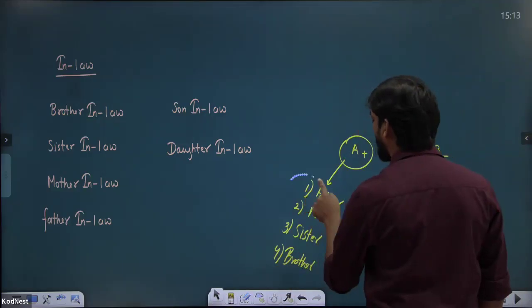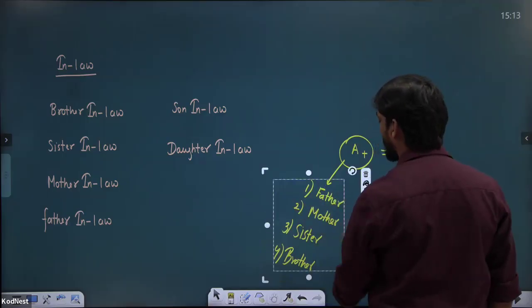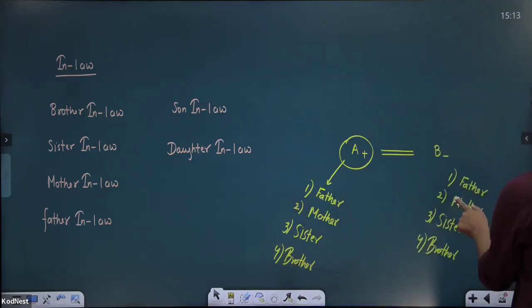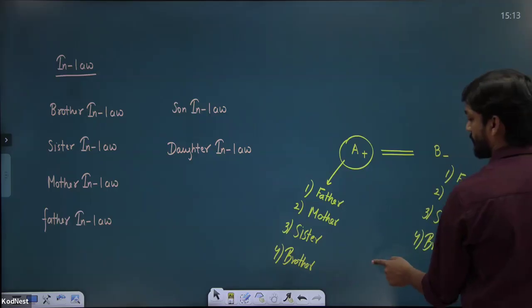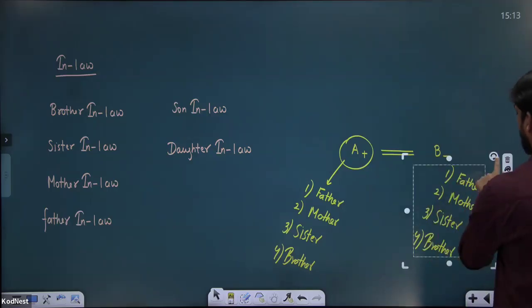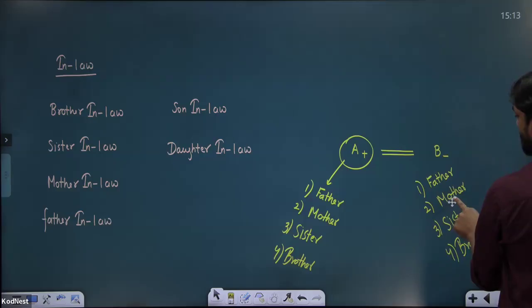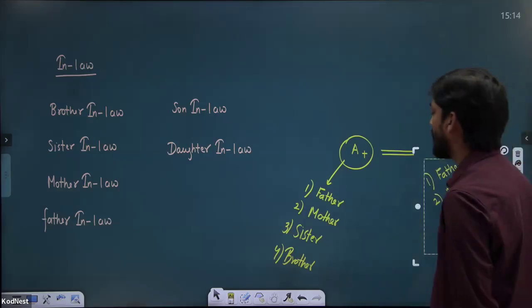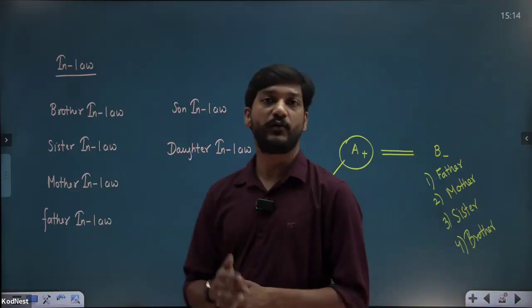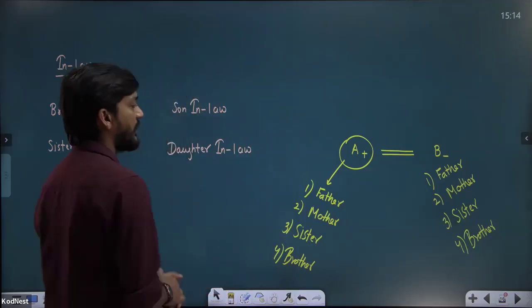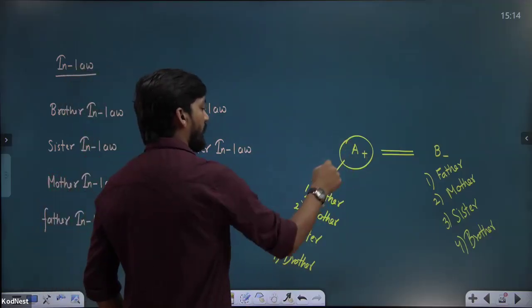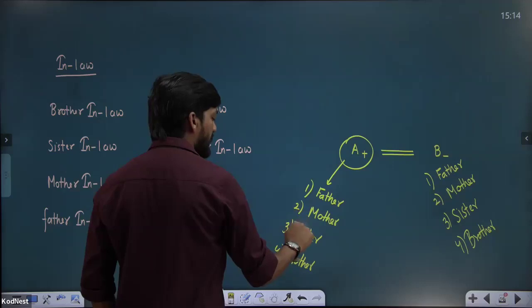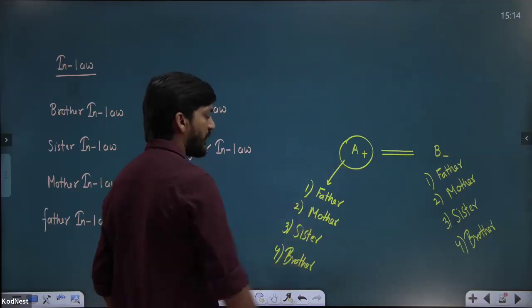And similarly, all these relations are possible for the wife also. Okay, all these relations are possible for the wife also. So, a real father, real mother, real sister, real brother of the husband.